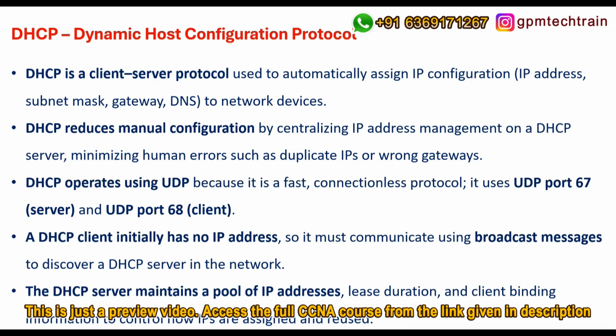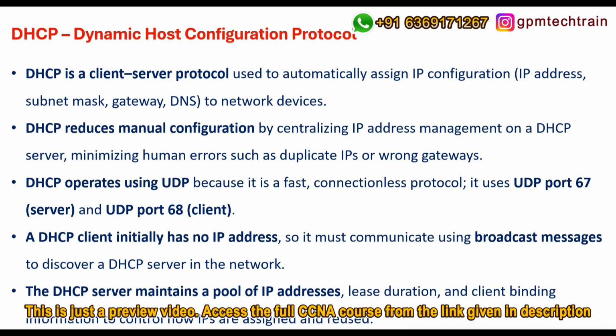If you're trying to configure the IP configurations manually on all your devices, there is a chance that by mistake we may configure a duplicate IP on some device, right? Or we can configure an incorrect IP for the gateway or DNS, and that leads to other issues in the network.